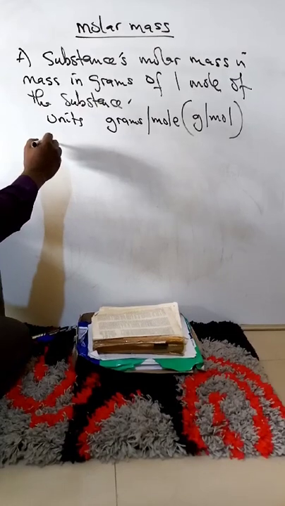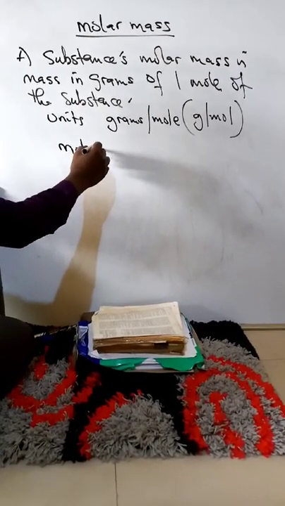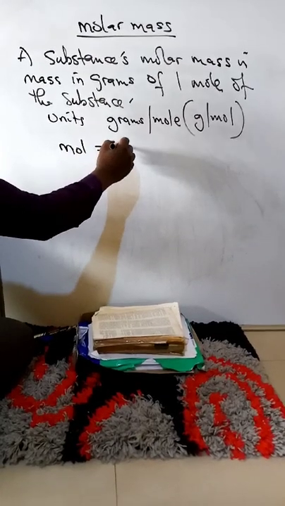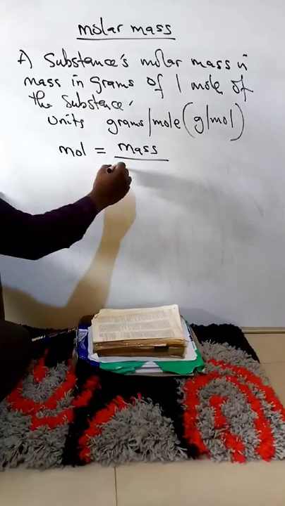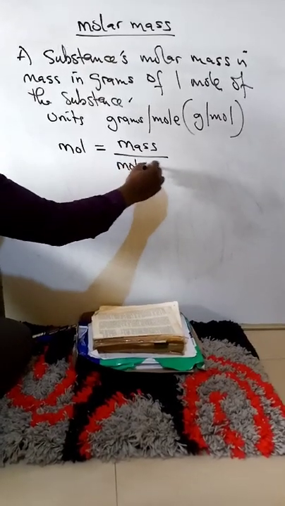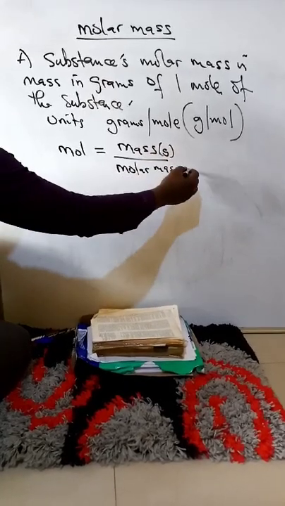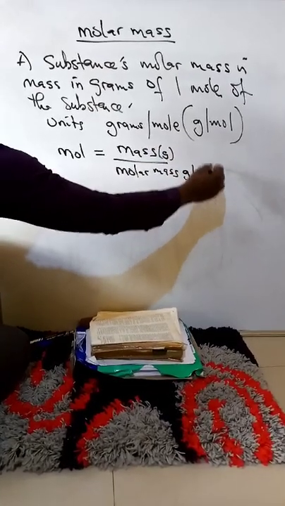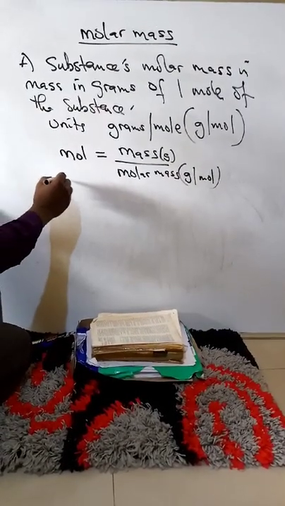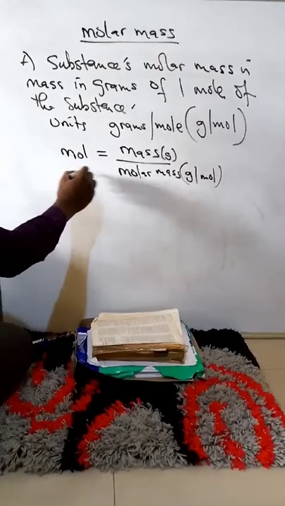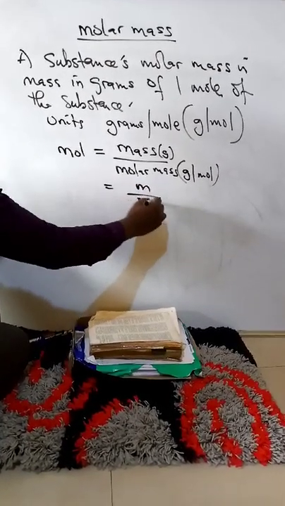We know that moles is equal to mass over molar mass. This mass is in grams, and the molar mass is in grams per mole. In short, we can say n equals m over MM.